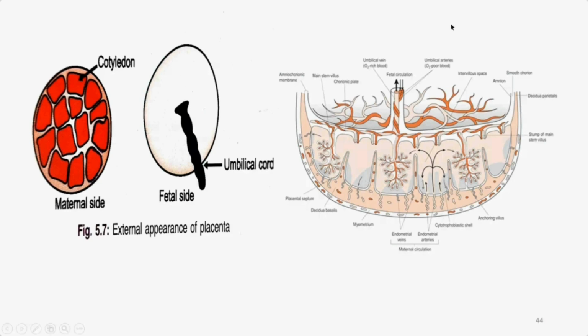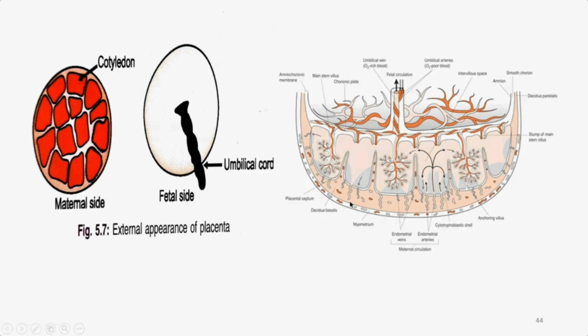So the villi blood vessels are almost in contact with the syncytial trophoblast, and there is a diffusion between the maternal blood and the placental blood. In the umbilical cord there are 2 arteries and 1 vein. The vein carries oxygenated blood and the arteries carry deoxygenated blood.